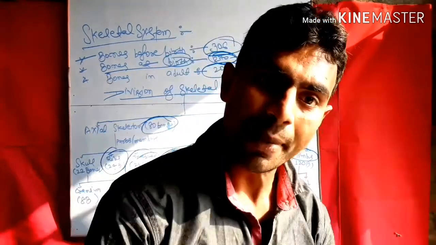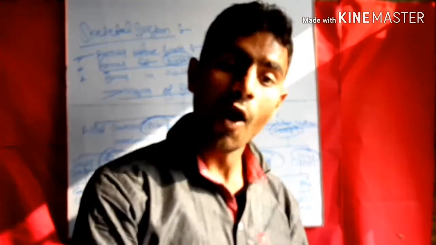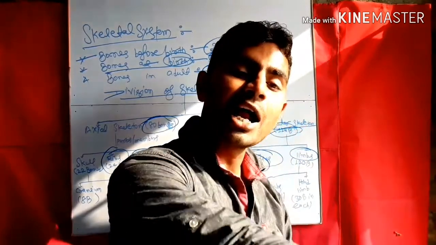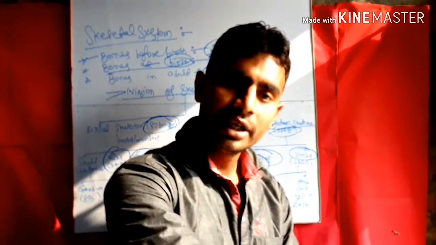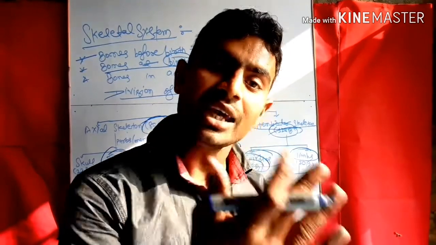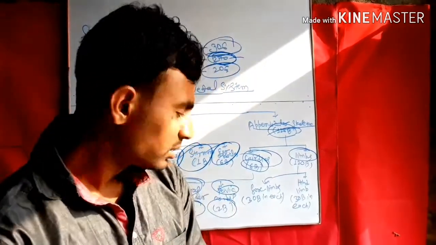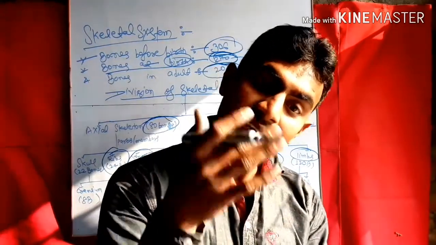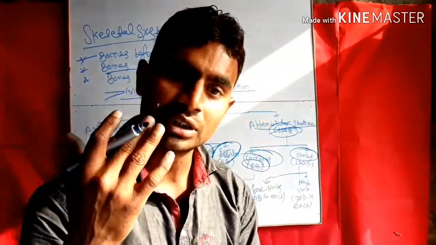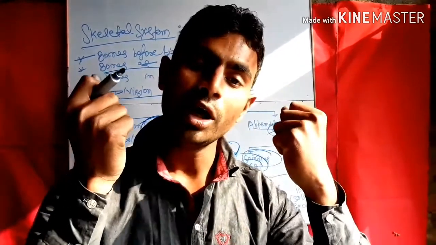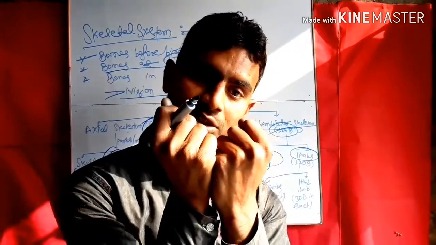Limb is divided into 2 parts, forelimb and hind limb. Forelimb is the part of the hand. In each hand 30 bones are present, and we have 1 pair of hands. So in one pair of hands 60 bones are present.